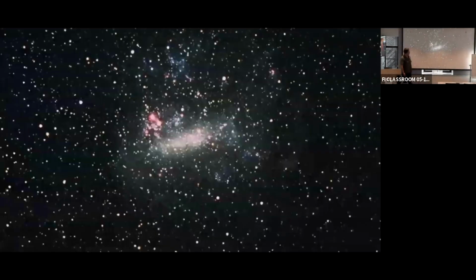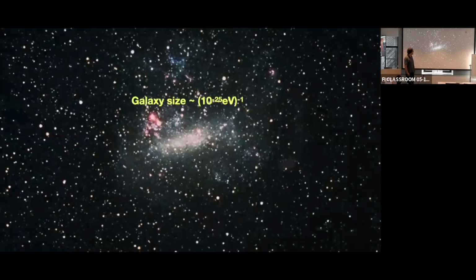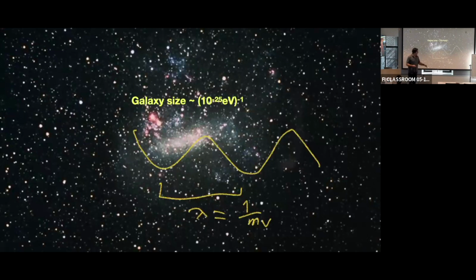For instance, let's suppose you have some sort of dwarf galaxy, and you measure it and you say, well, maybe this galaxy has a size which is something like 10 to the minus 25 eV inverse. That's how big it is. Well, now we have an energy scale, which is also a momentum scale that we can talk about. If I'm talking about very, very light dark matter particles, they act like waves and they have wavelengths, and their wavelength is characterized by 1 over momentum.